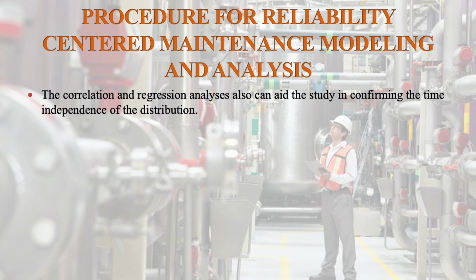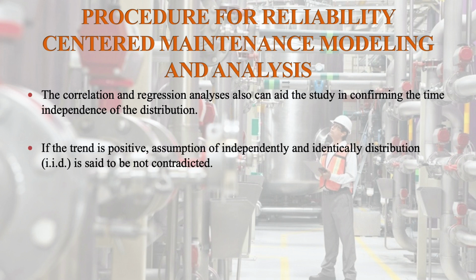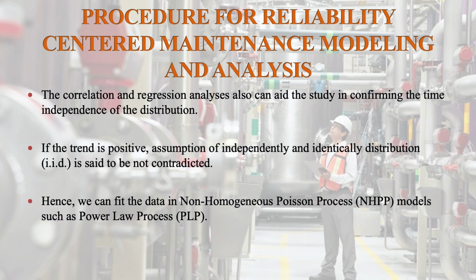The correlation and regression analysis can also aid the study in confirming the time independence of the distribution. If the trend is positive, the assumption of independent and identical distribution is said to be not contradicted. Hence, we can fit the data in non-homogeneous Poisson process NHPP models such as the power law process PLP.